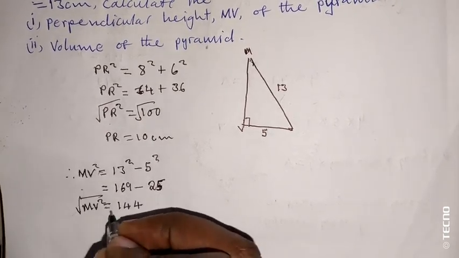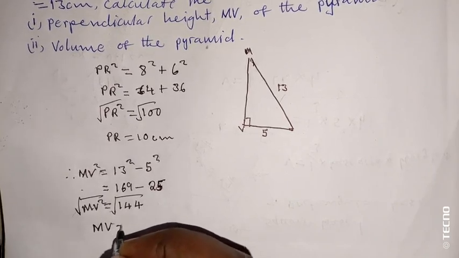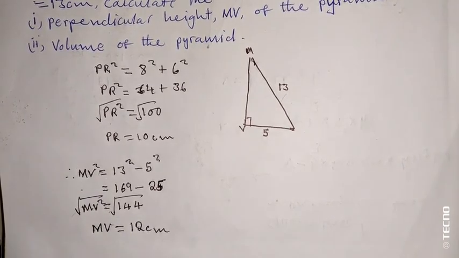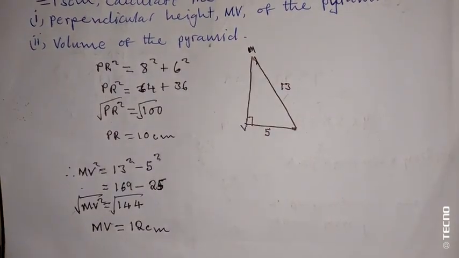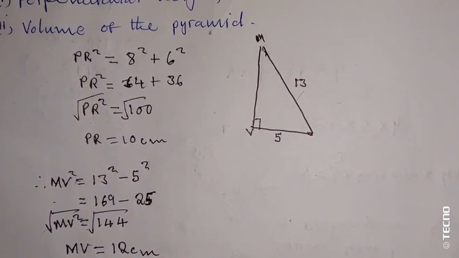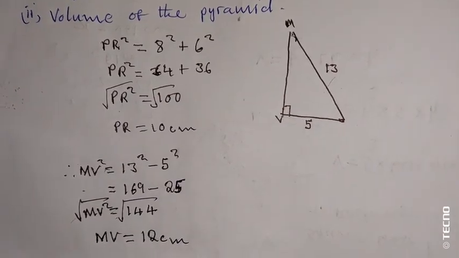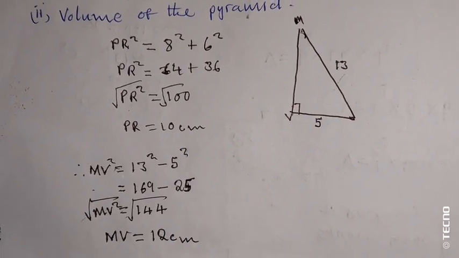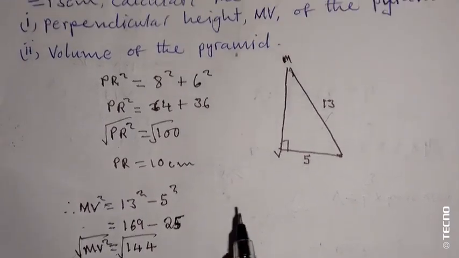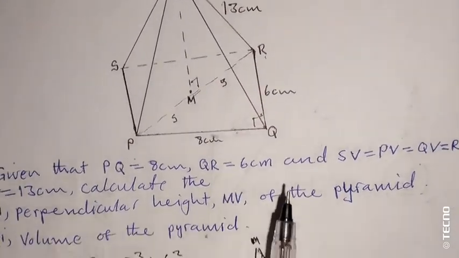Then the square root, so our MV is equal to 12 centimeters. This one had 3 marks. So 12 centimeters is our answer. It's the height here, which is MV, 12 centimeters.